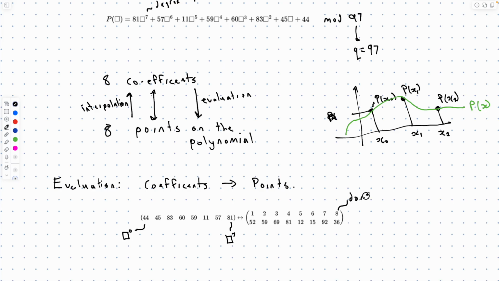We call it the domain. So the domain is this set of values here, and then this is the evaluations at those values. The whole thing we can call points or evaluation points.